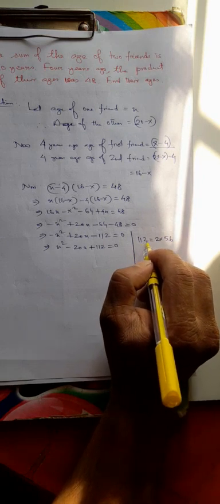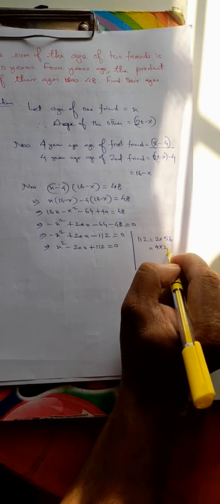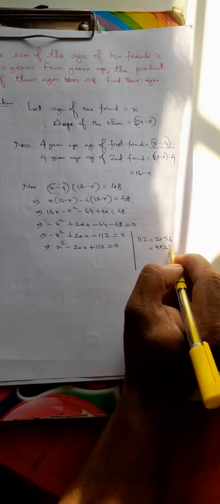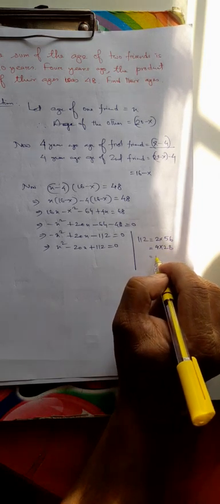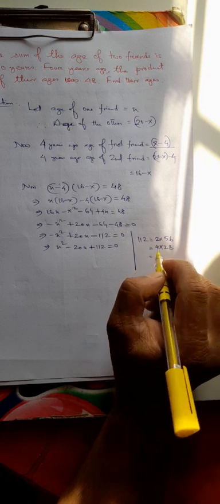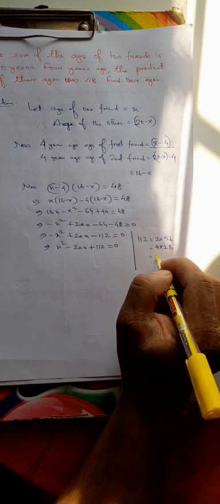This is not divisible by 3. It is divisible by 4. 4 2s are 8, 4 28s are 112. If it is divisible by 6, no, it is not divisible by 3, so it is not divisible by 6. 7. 8.